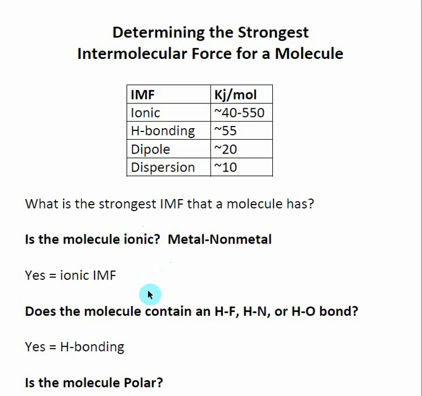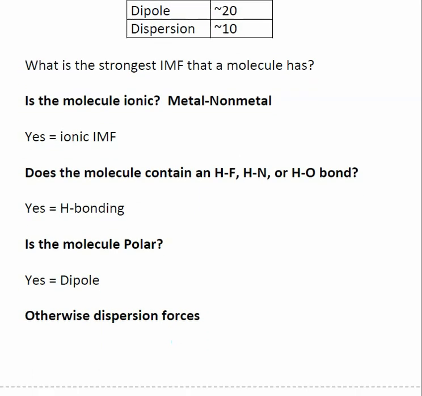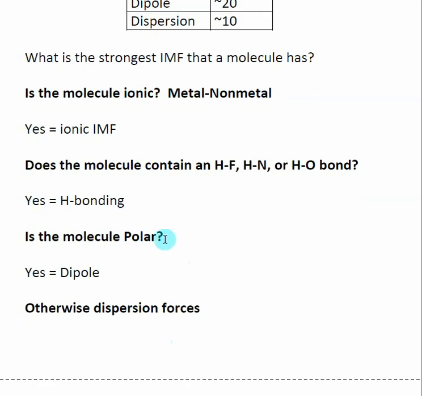If the answer is no, I continue on and ask, is the molecule hydrogen bonding? I look at the molecule and ask, do I have an HF, HN, or HO bond inside of there? If the answer is yes, it's hydrogen bonding, and I don't need to continue. But if the answer is no, then I ask, is the molecule polar or not? That's a little bit trickier, but we talked about how to look at a molecule and tell if it's polar.